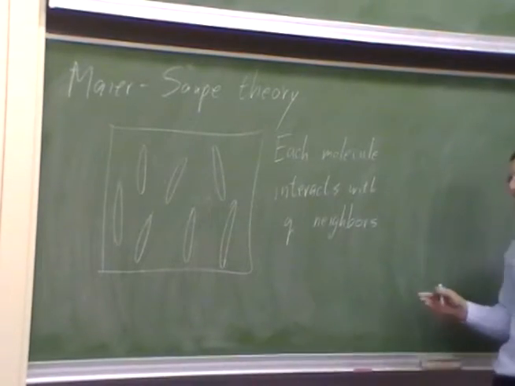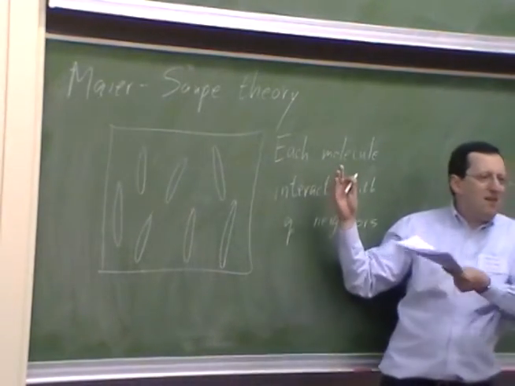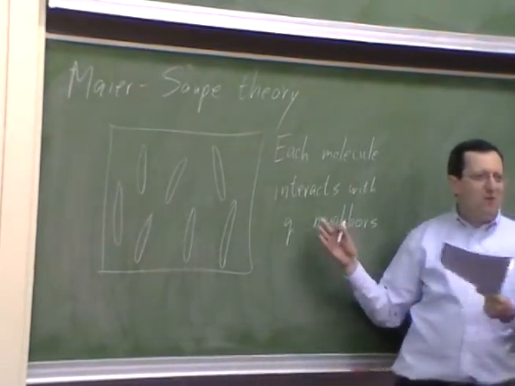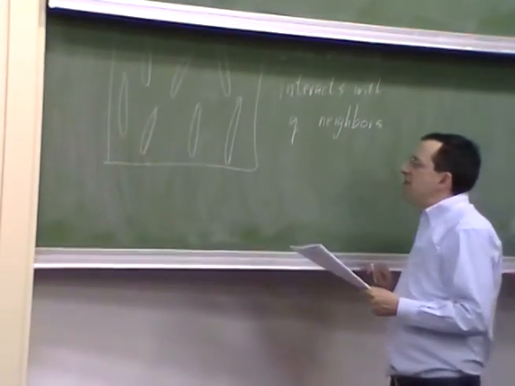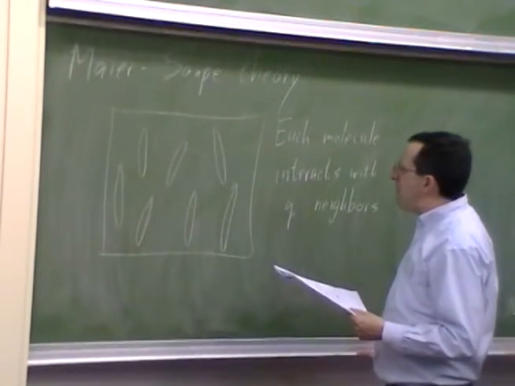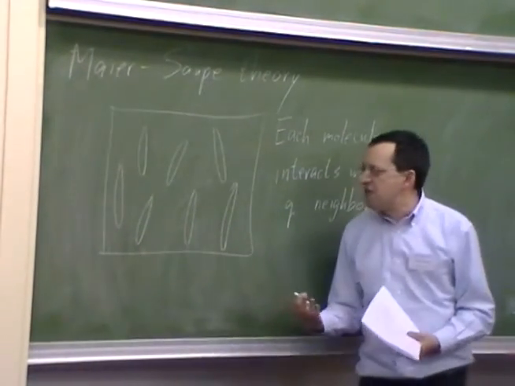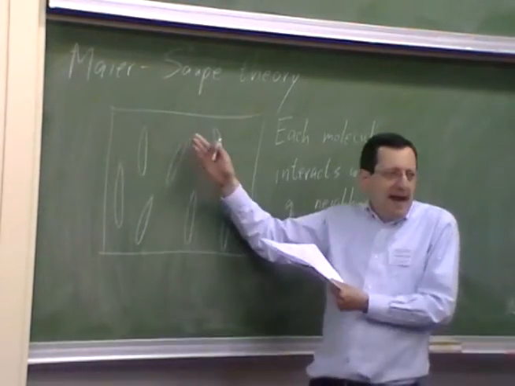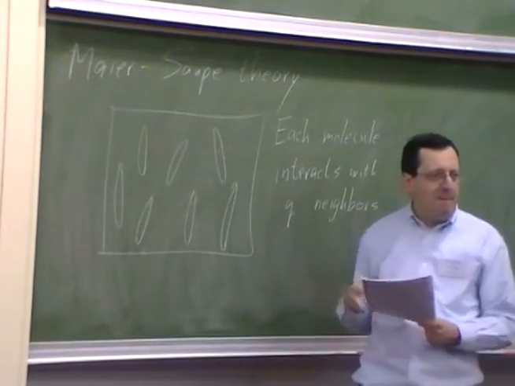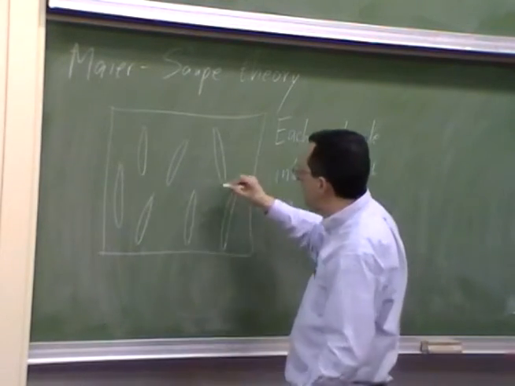They're not really on a lattice, but on average they have Q neighbors in space around them. The interaction between them has to favor nematic alignment, favor having them be parallel to each other.